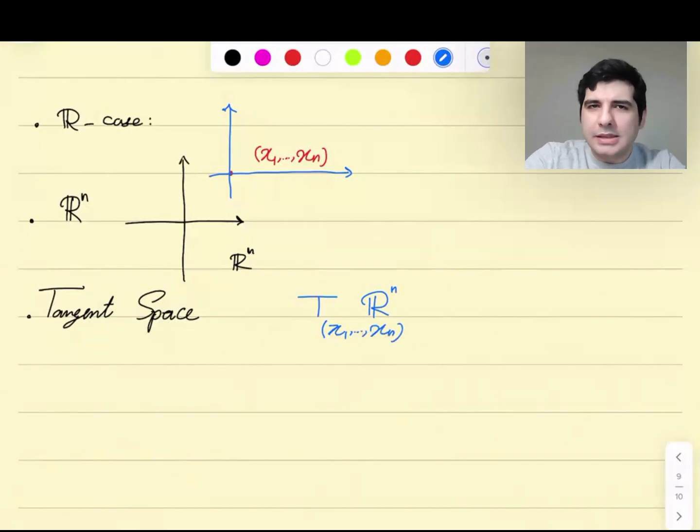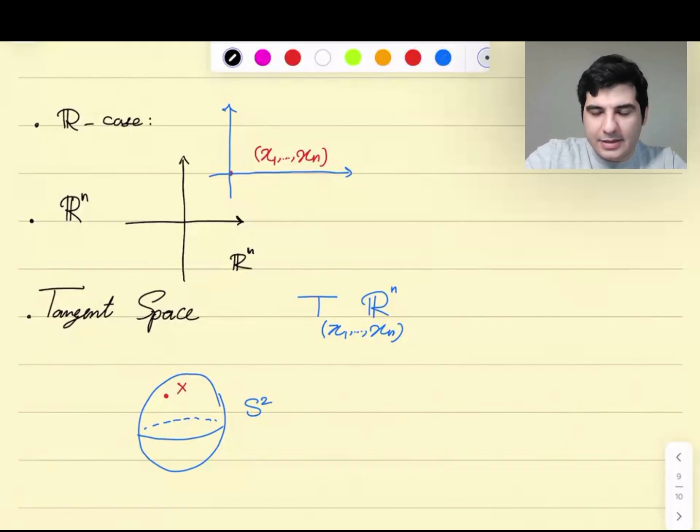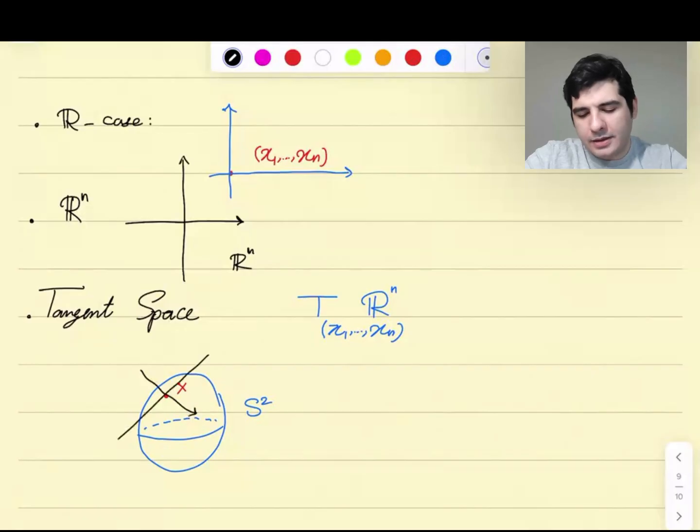The reason it's called the tangent space is that if instead of R^n we have a curved space, such as a two-dimensional sphere, the surface of a sphere, we can still pick a point, say x. I can think about the tangent space of this sphere at the given point x. It would be a plane tangent to the sphere at this point. It's just a flat thing there.